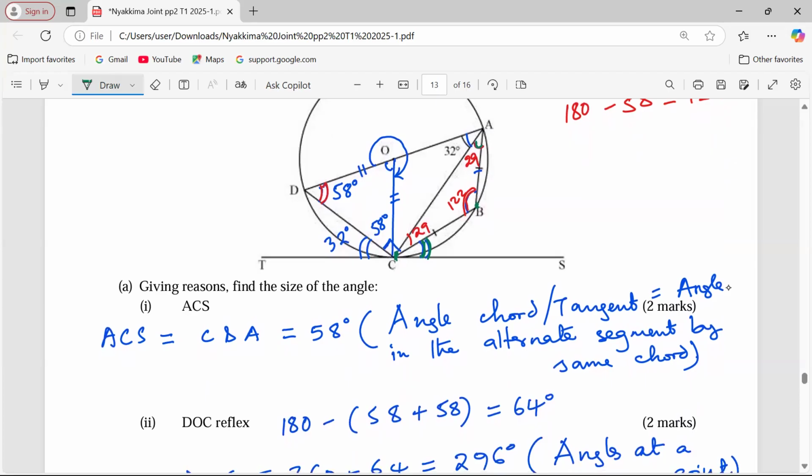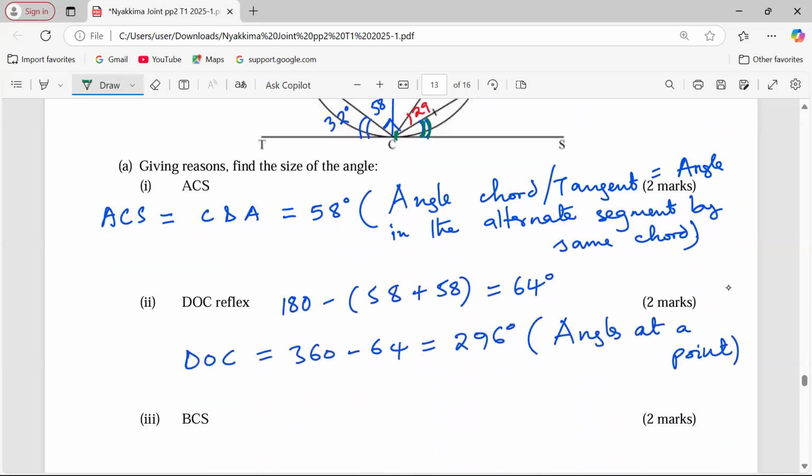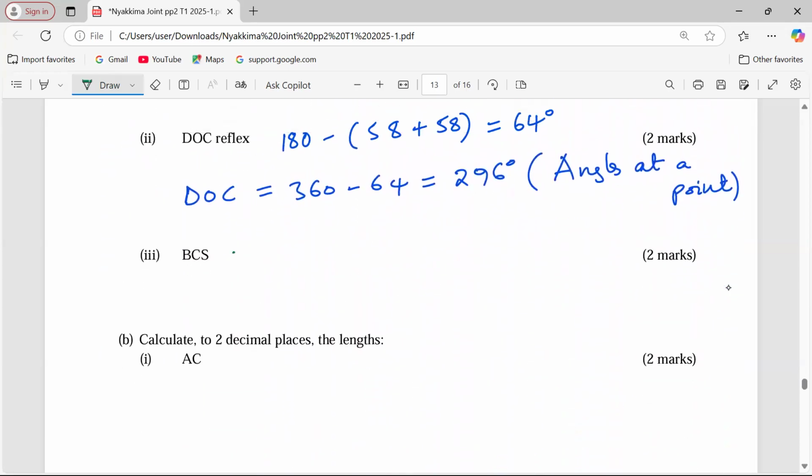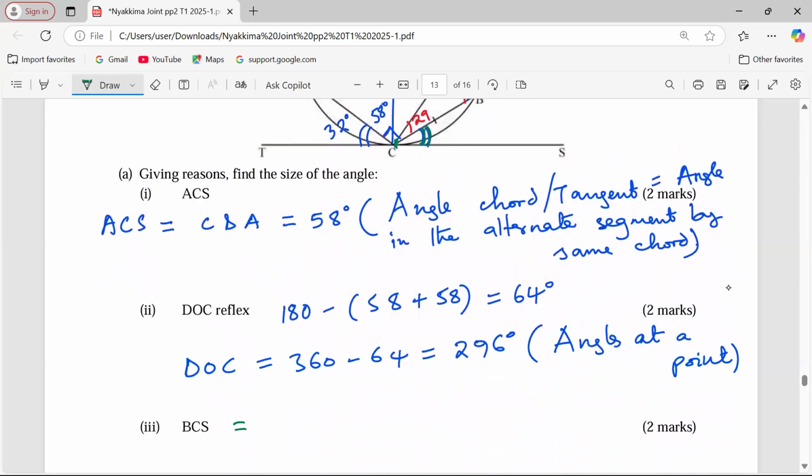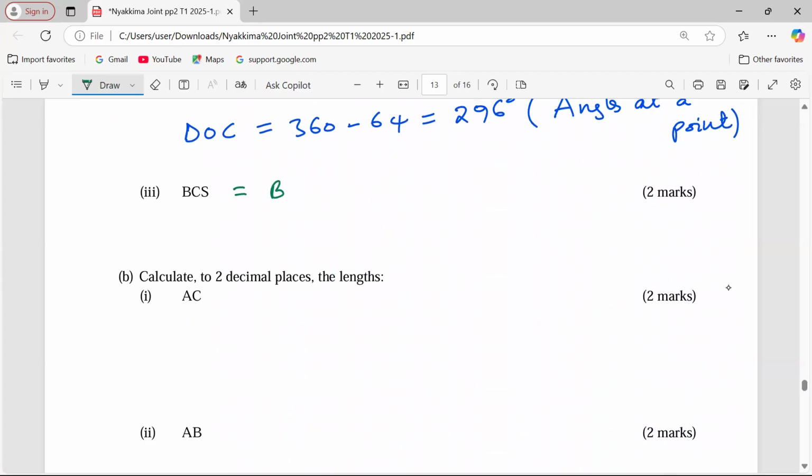Therefore, those angles are supposed to be equal. Therefore, the angle is the same as the angle at A, which is angle BAC, which is equal to 29.